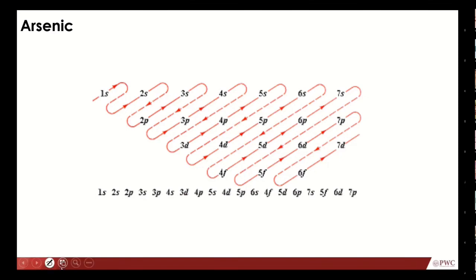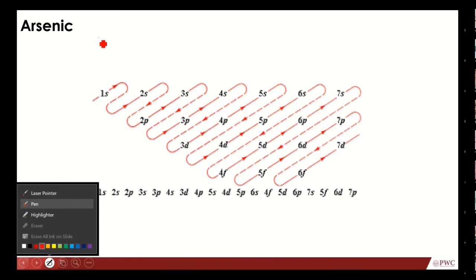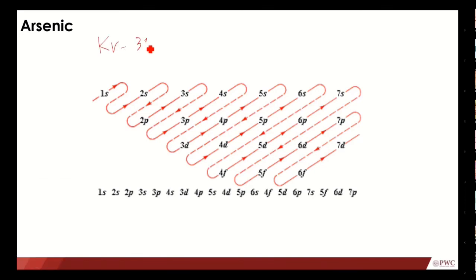Let's do another one. Krypton. That's 36 electrons.